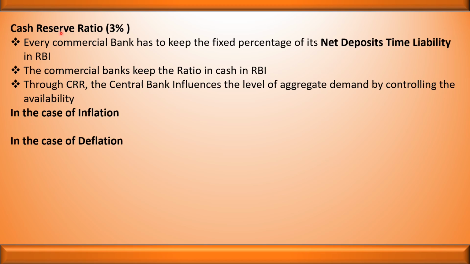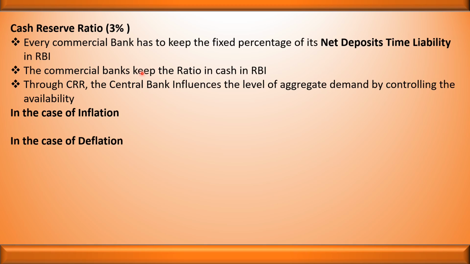So what is the cash reserve ratio? Remember one thing, every commercial bank has to keep a certain percentage of their deposits in RBI. They keep the deposits on the basis of net demand and time liability in RBI. The commercial banks deposit the money in cash form only.